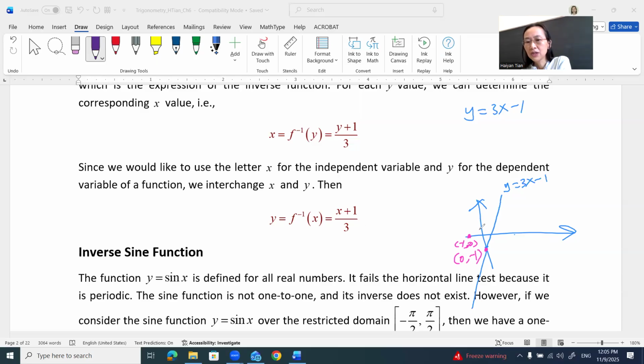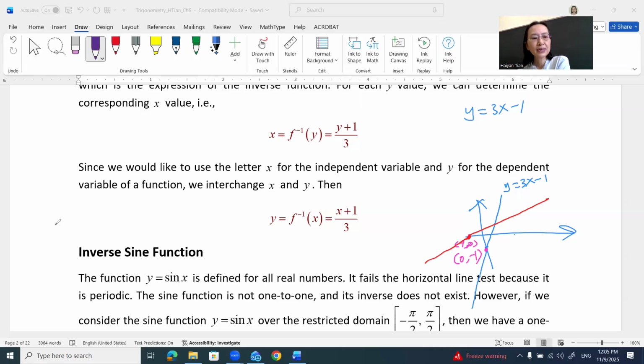So let's draw the inverse, and the inverse is a line with slope 1/3. So the slope is also positive, 1/3. So it's a straight line passing through that point.